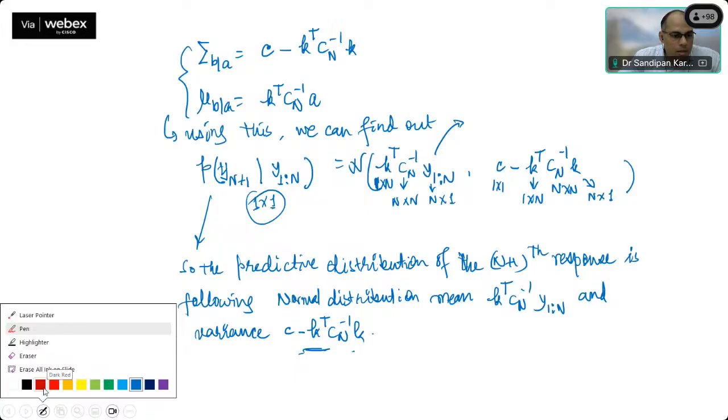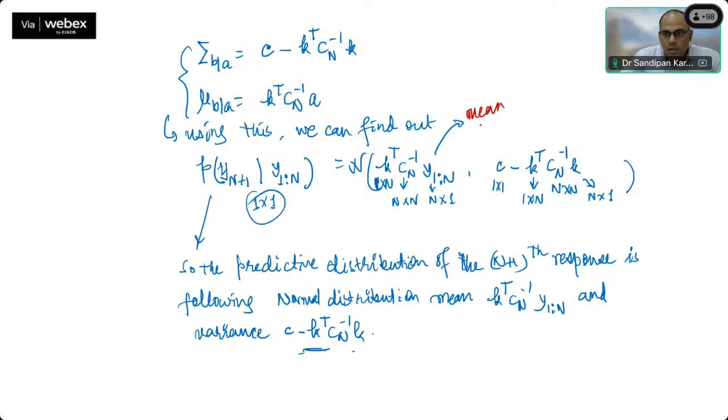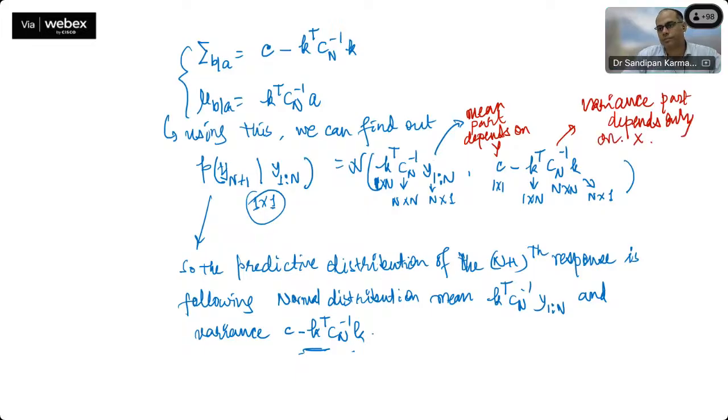So the mean part depends on Y, but the variance part depends only on X. Okay, so this is the derivation. Now just remember this final formula and you are enough. You can easily calculate.